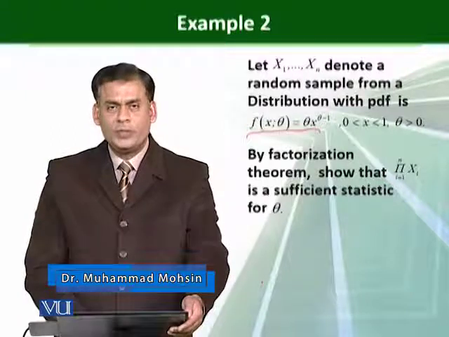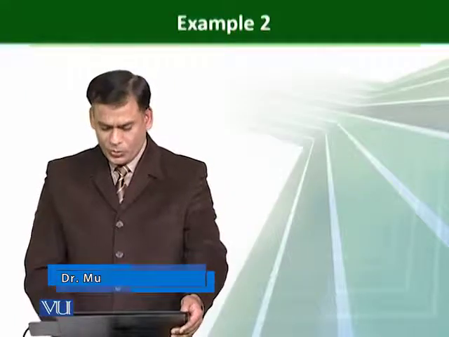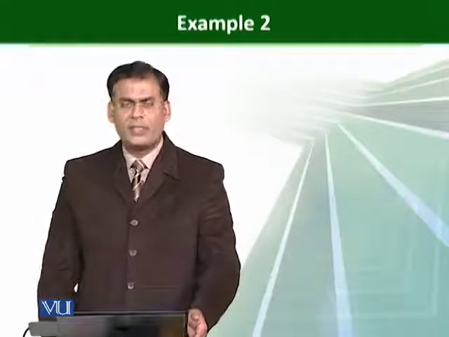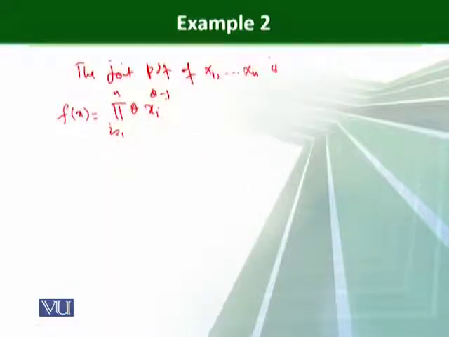So we have to show this by using this function. Again we use the factorization theorem, and for the factorization theorem we need the joint distribution. So the joint PDF of x1 up to xn is the product of f of x, i varies from 1 to n, that is theta into xi raised to power theta minus 1.